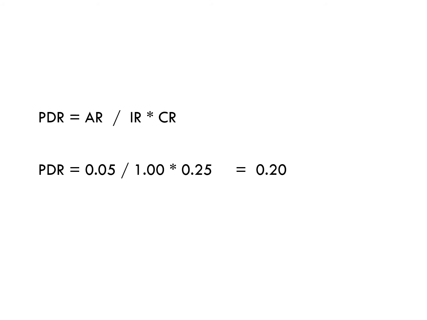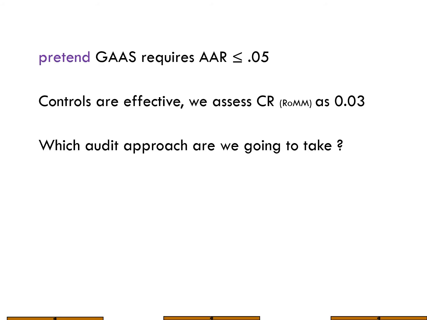Where do you get that? Well, plan detection risk equals audit risk divided by RMM. We're pretending auditing standards say acceptable audit risk has to be 0.05 or less. I always set inherent risk at 1 because I can't control it. And if control risk is 0.25, then voila, my plan detection risk needs to be 0.20.